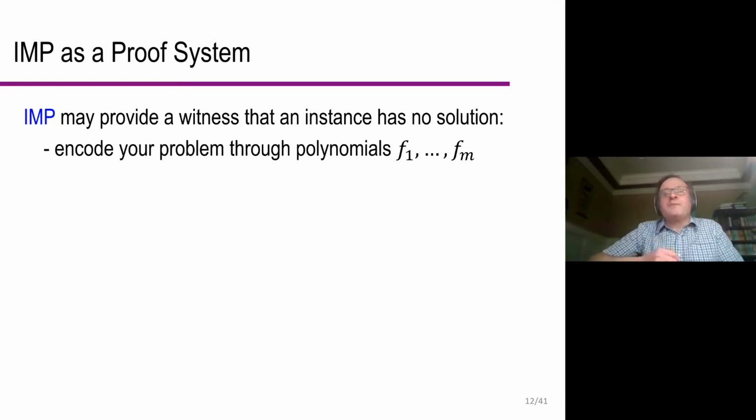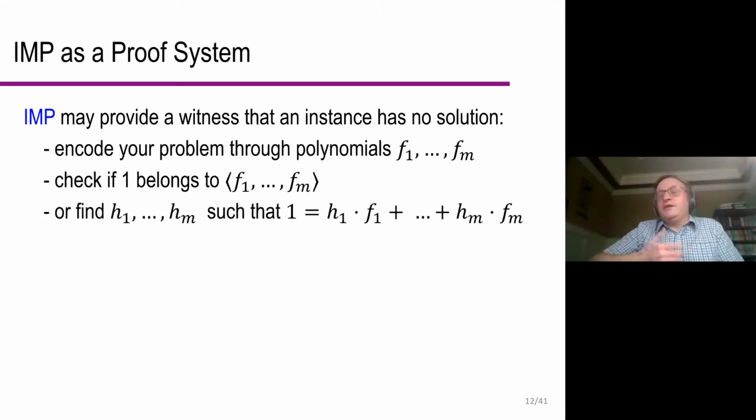How would we do that? Well, we would encode our problem first through polynomials somehow, right? Then we would check if the constant polynomial 1 belongs to the ideal generated by F1, ..., Fn, or maybe we find a proof that it belongs to the ideal, whichever we prefer. And if that is true, we conclude that our problem doesn't have a solution.